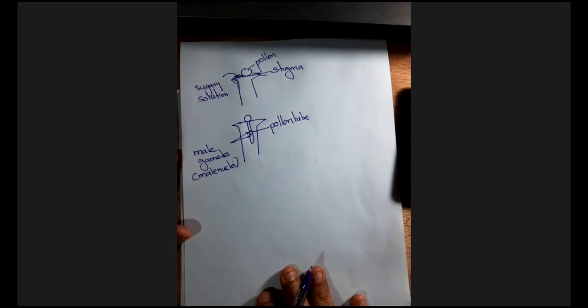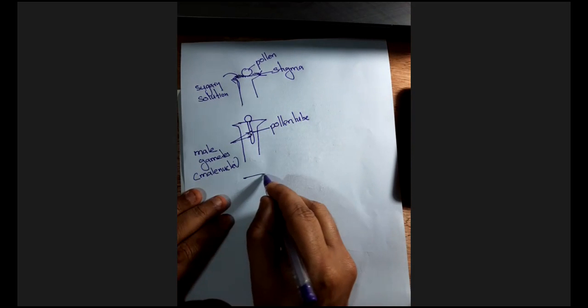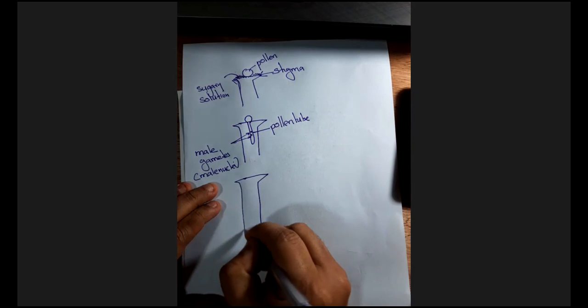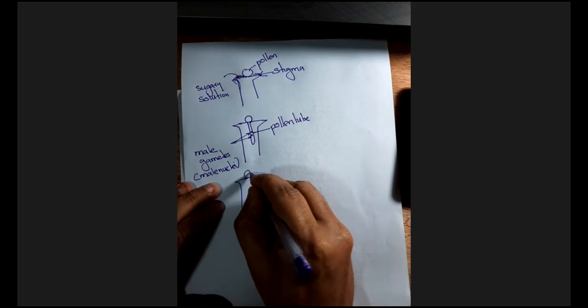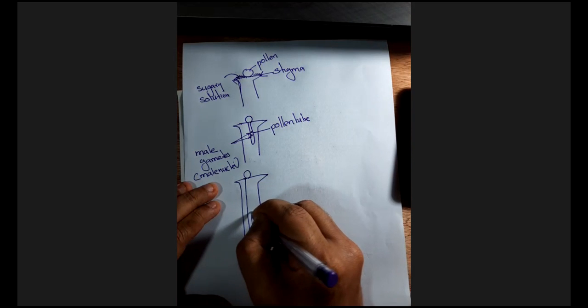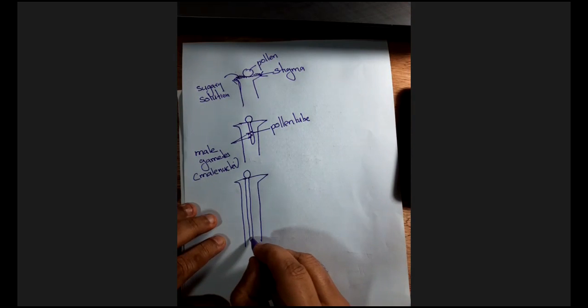Okay. So this pollen tube is going to grow through the style. Through the style, this pollen tube is growing like this.